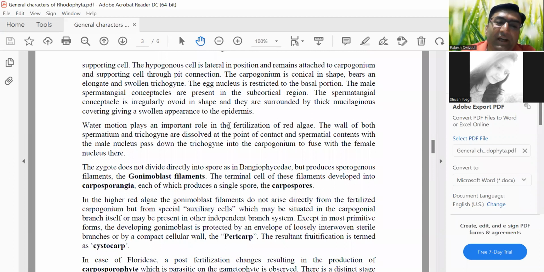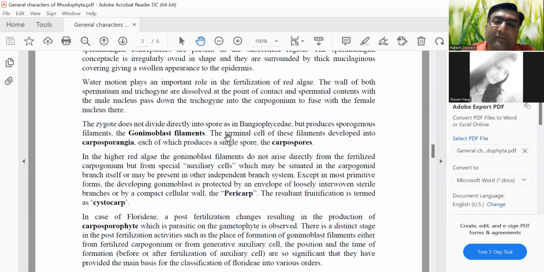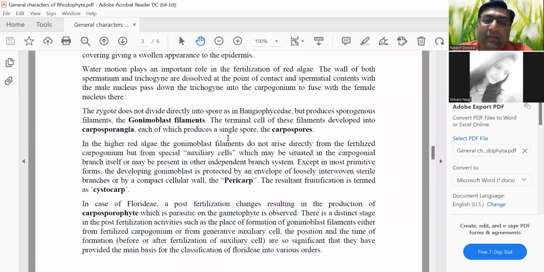Right. So in the higher red algae, the gonimoblast filaments do not arise directly from the fertilized carpogonium, but from special auxiliary cells, which may be situated in the carpogonial branch itself. Again, I told you earlier that after fertilization, the carpogonium gives rise to the gonimoblast filament.